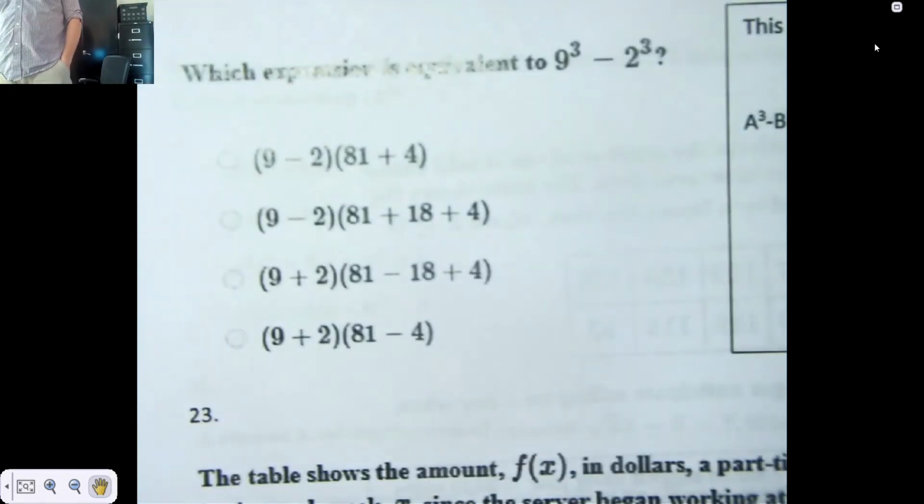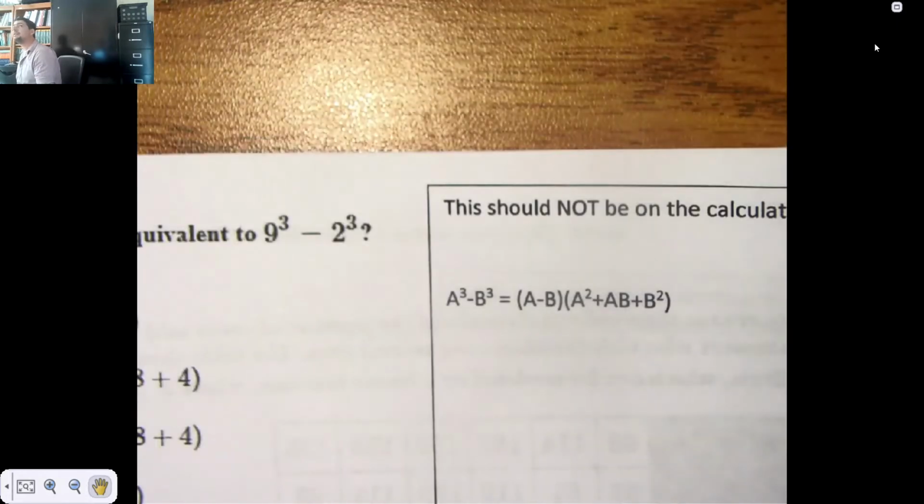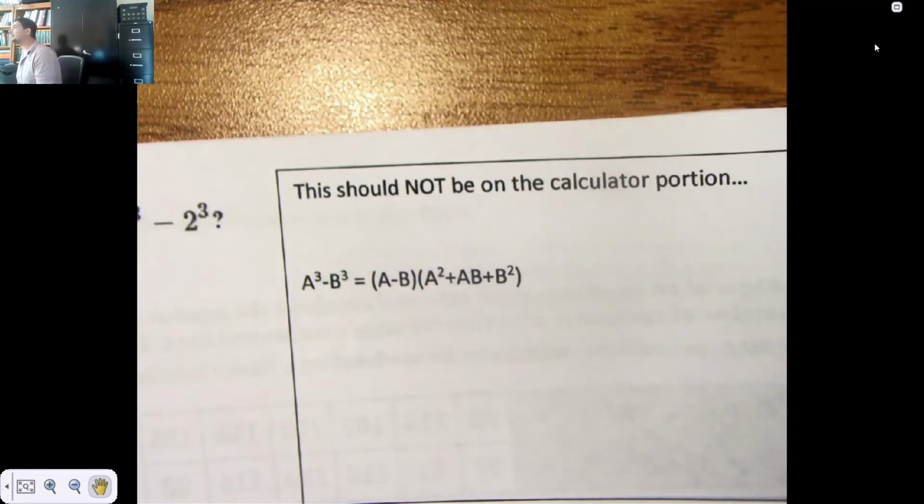U.S. military is not going to ask kids to know the difference of two cubes pattern. This is on your benchmark, and it was in the wrong spot. They put this on the calculator part of the EOC, on the benchmark. This is a non-calculator question. That's even why it says right there in the hint, this should not be on the calculator part.